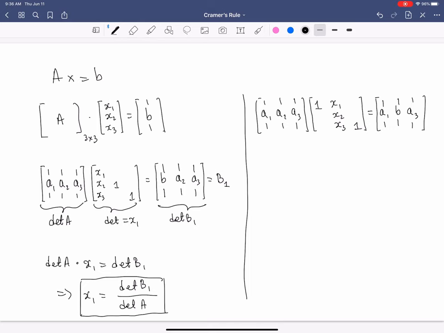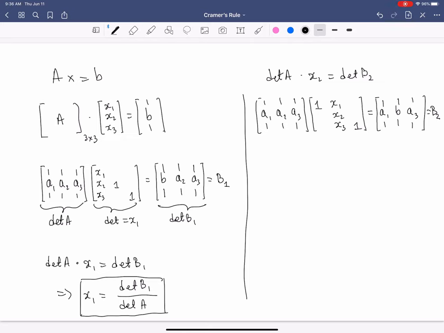So this will be the matrix B2. So what we want to say here is determinant of A times x2 equals determinant of B2, and so x2 is the ratio determinant of B2 over determinant of A.